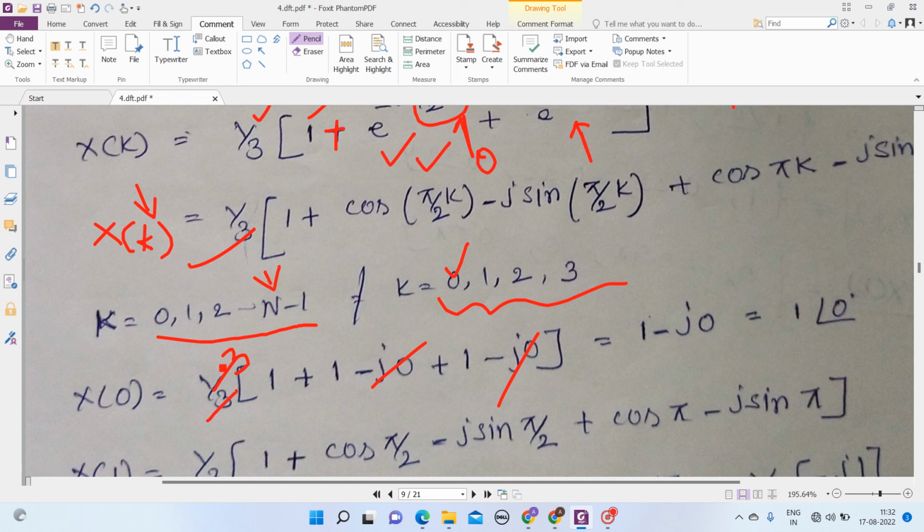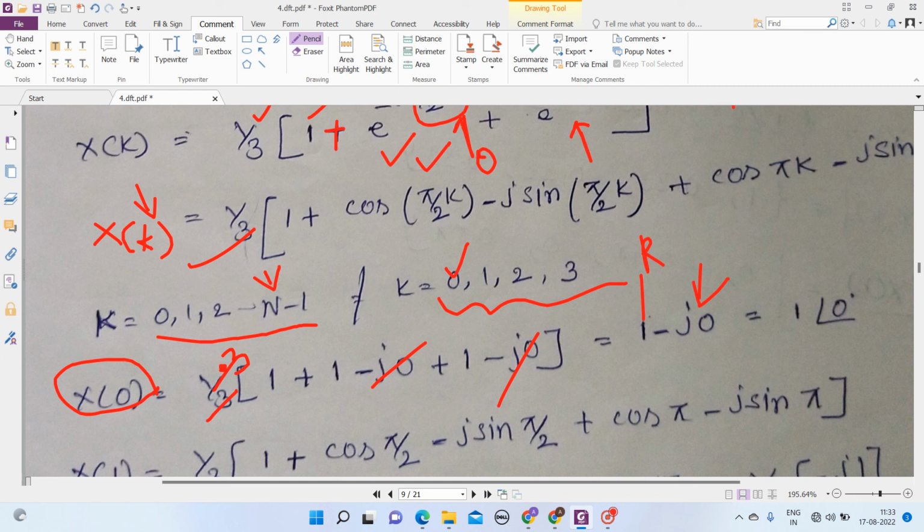We get 1 minus j 0. Usually the x of k value should be a complex value. So here this is the real part, and this is our imaginary part. The real part is always an integer, or fractional numbers, or we can also call it a decimal number. This is an imaginary number.